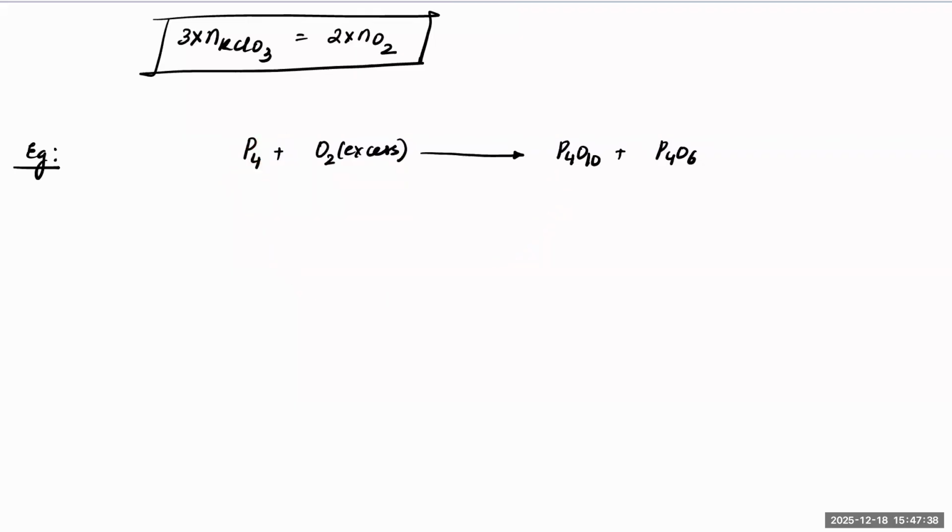So that means I'm making sure that phosphorus is conserved. Because if phosphorus is present even in a small portion, you cannot apply POAC. POAC can be applied only when the complete reactant is converted into product.